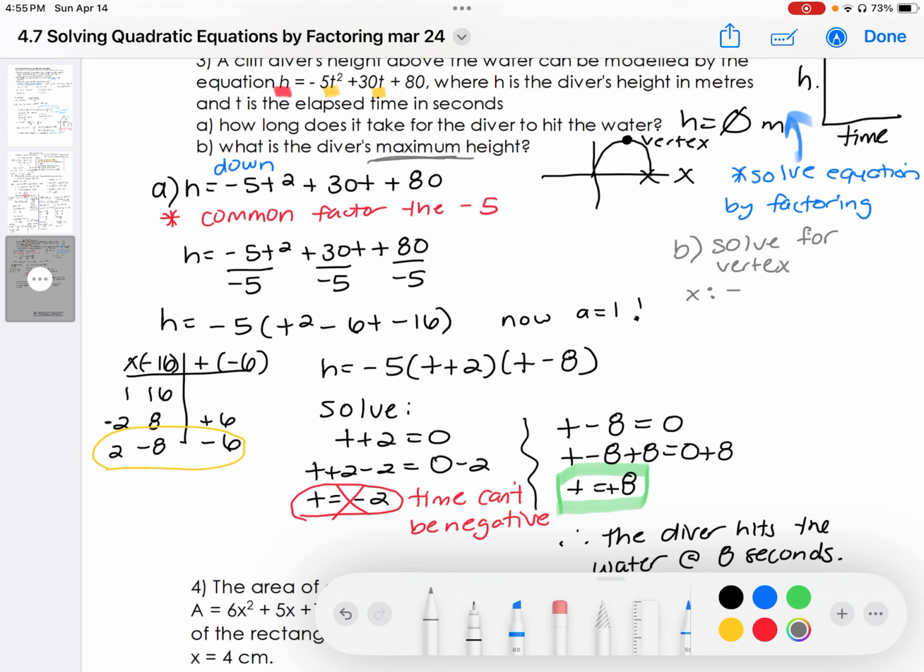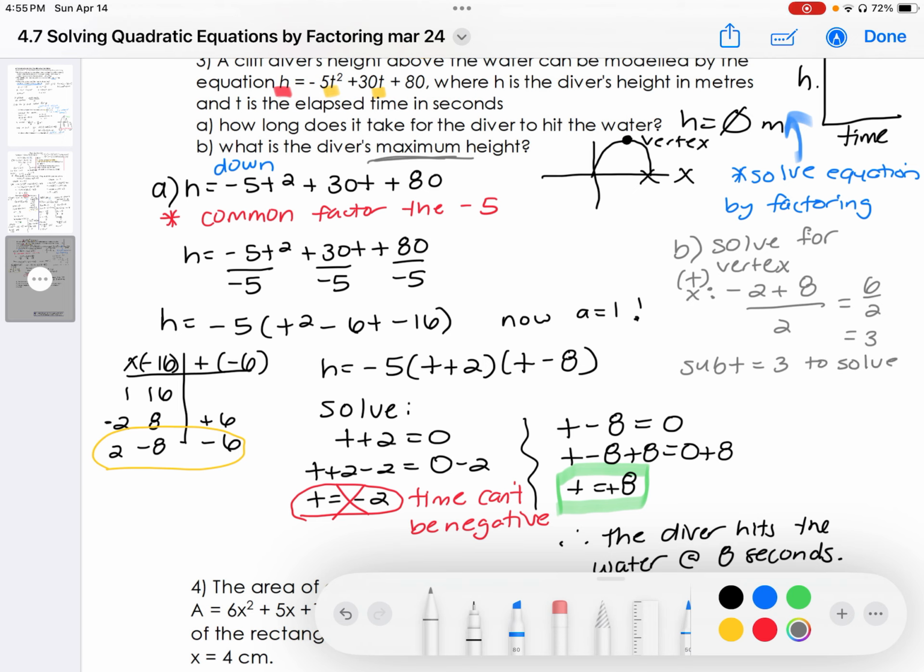So the x value, you add them together, or the t value, sorry, if you prefer that, that's fine. Negative 2 plus 8 is 6 over 2, which is 3. And then I'm going to sub t equals 3 to solve for h.